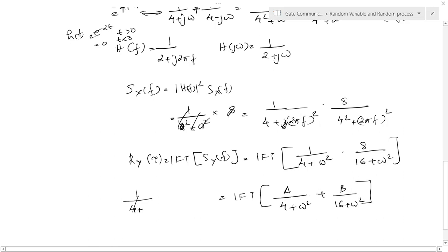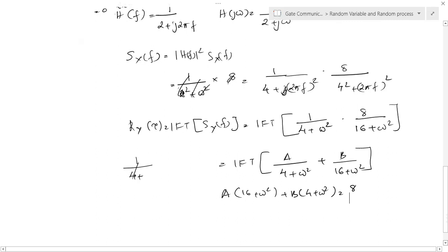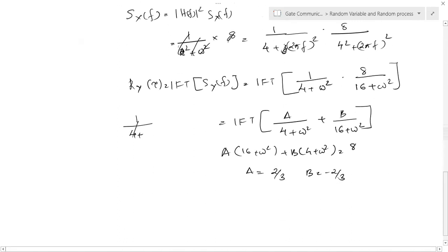So if you simplify this, we can calculate a into 16 plus omega square plus b into 4 plus omega square is equal to 8. So from this, you can calculate a and b. We get a is equal to 2 by 3 and b is equal to minus 2 by 3. So we can apply these a and b values in the equation.